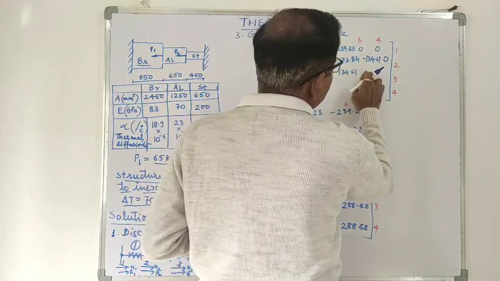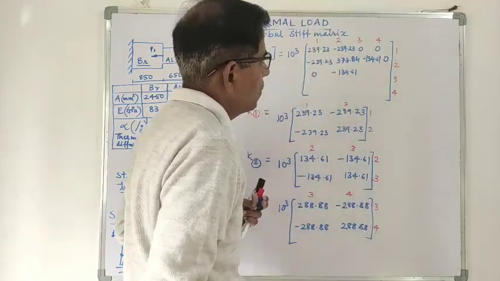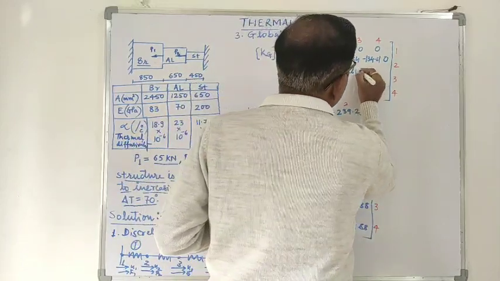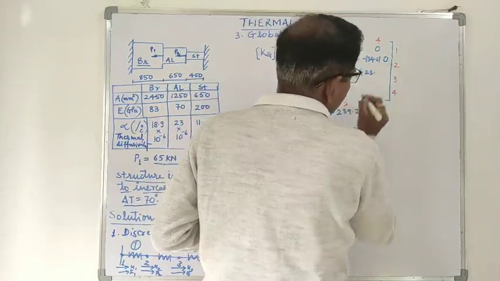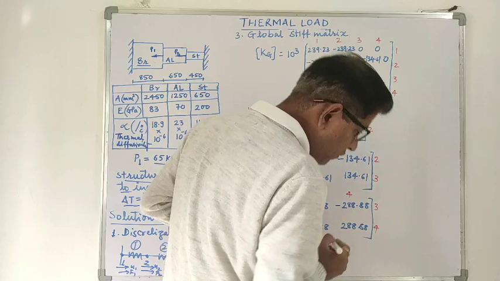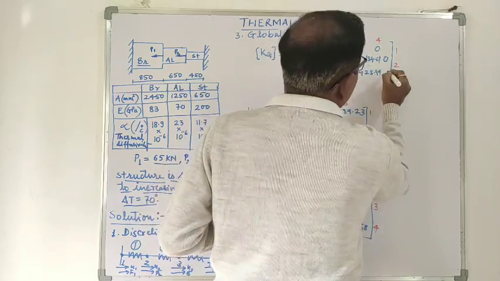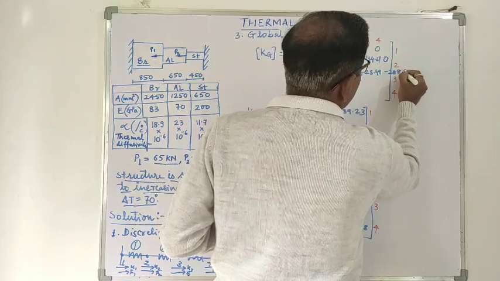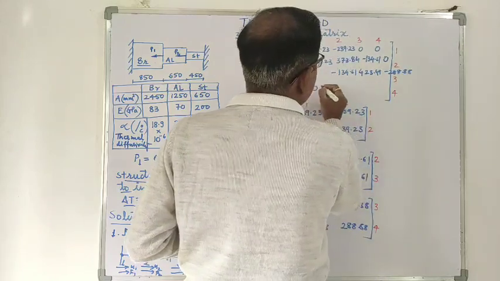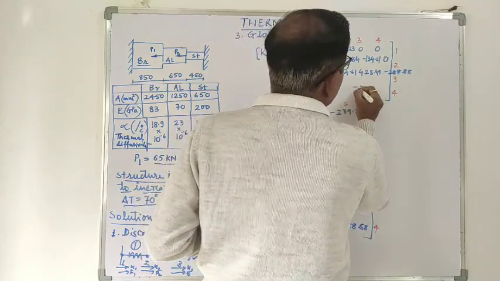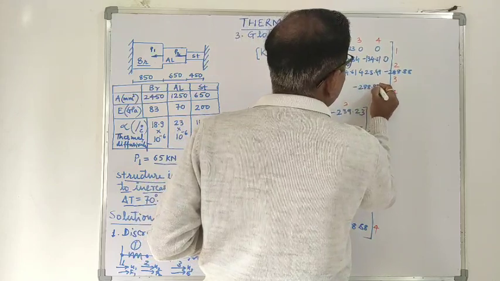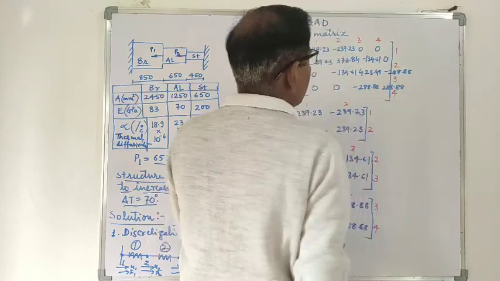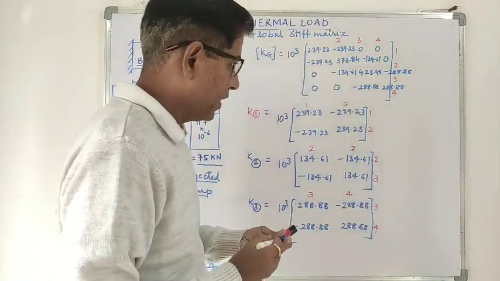Now at 3, 3, there are two values, so it becomes 423.49, and then minus 288.88, 0, 0, minus 288.88, and 288.88. So this is the global stiffness matrix.